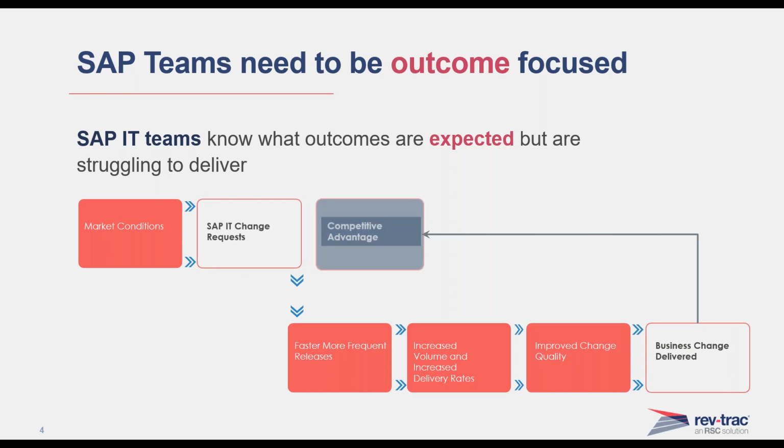They really need to be able to do more frequent releases. They need to increase the volume and the delivery rates that they can move out for the business, and they need to improve their change quality. The reason for this is so that their business customers can react more quickly to market conditions, and they can retain or maintain competitive advantage.